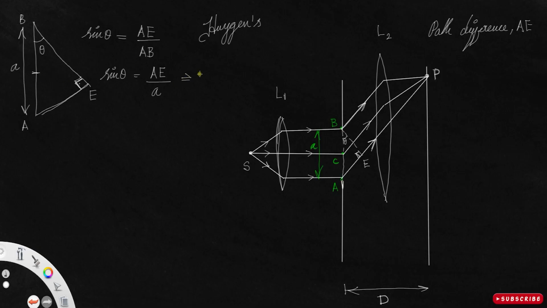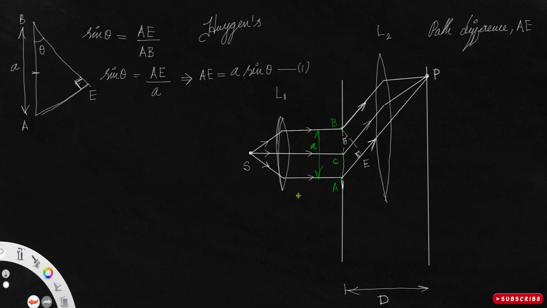AB is actually a. So we have the path difference AE equal to a sine theta. Let me call that equation number 1.